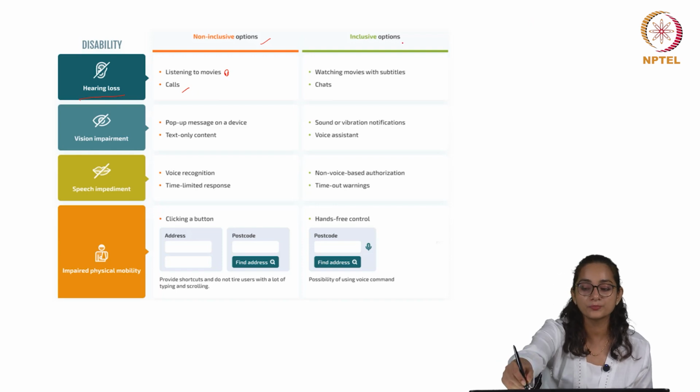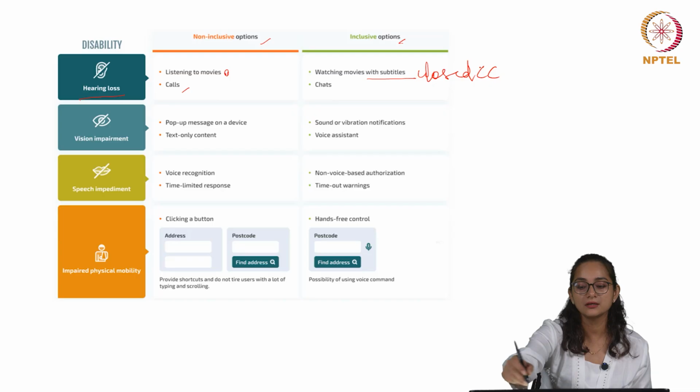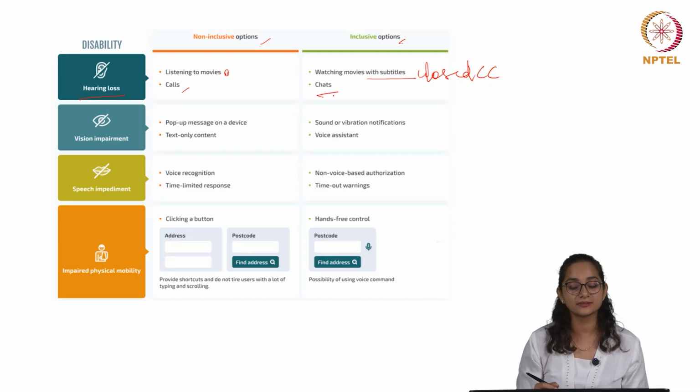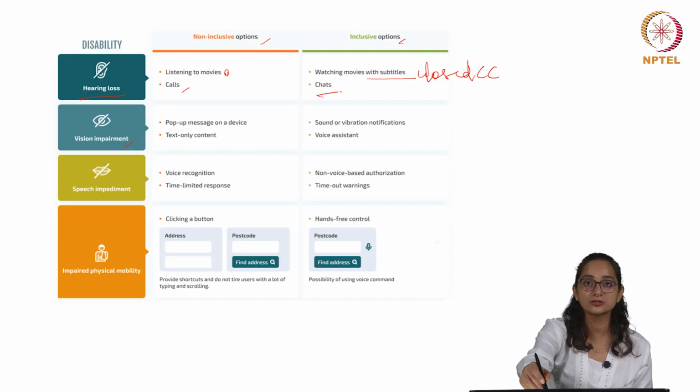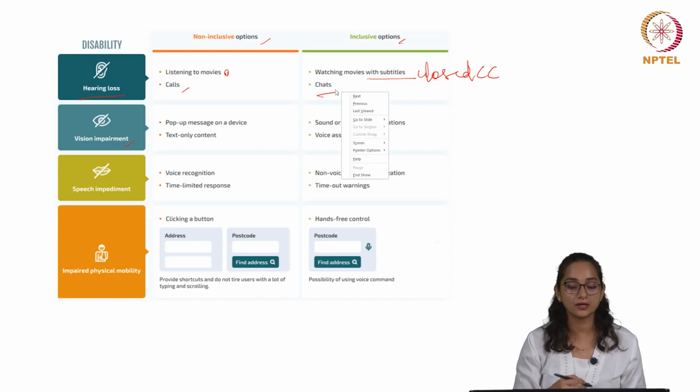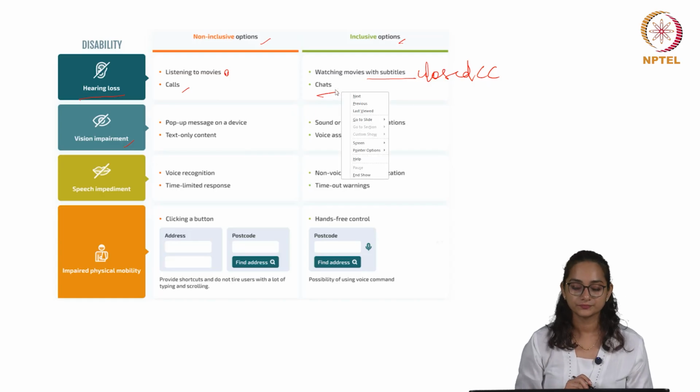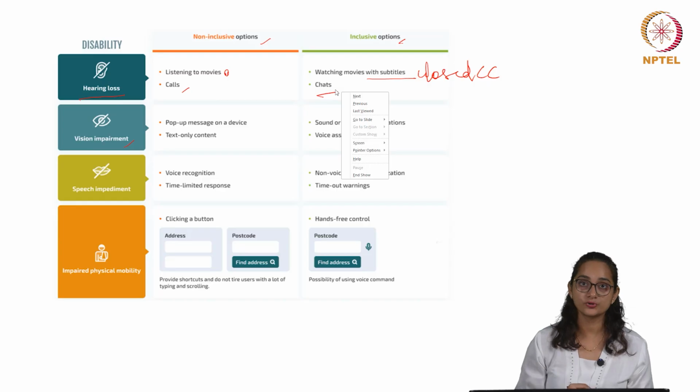Inclusive options can be watching movies with subtitles or closed captioning, CC, or moving to chats, or having chat as an option in your interface and not just call.